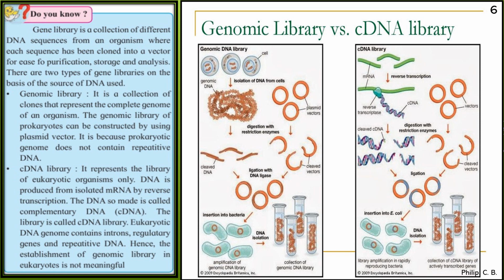Then we insert it into E. coli, where library amplification is rapidly obtained through reproduction of the bacteria, and we can collect the complementary library of the actively transcribed genes. So you can see the small difference between a genomic library and a cDNA library.